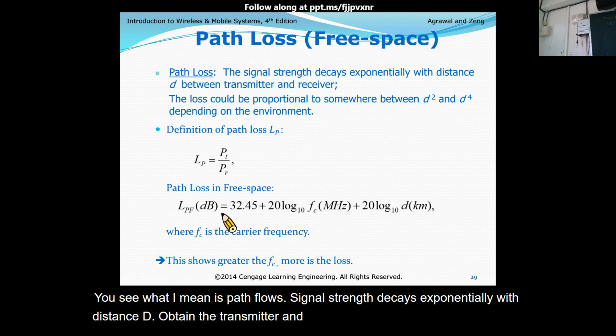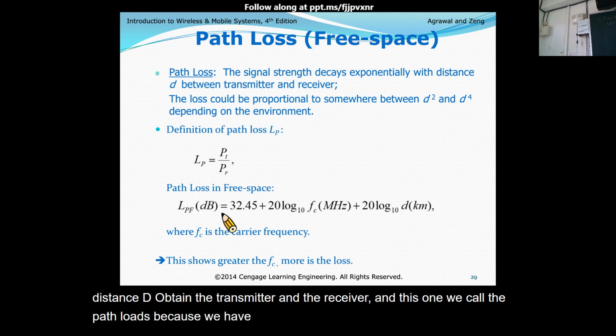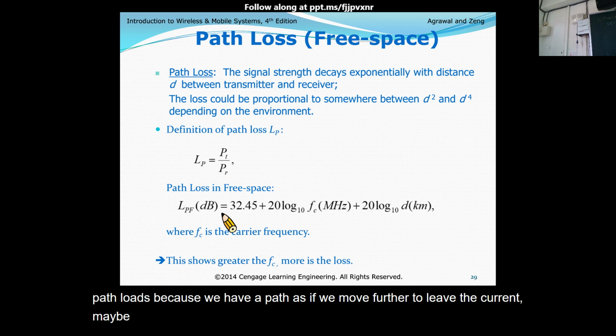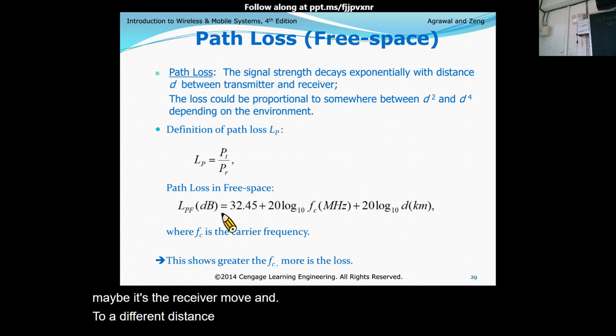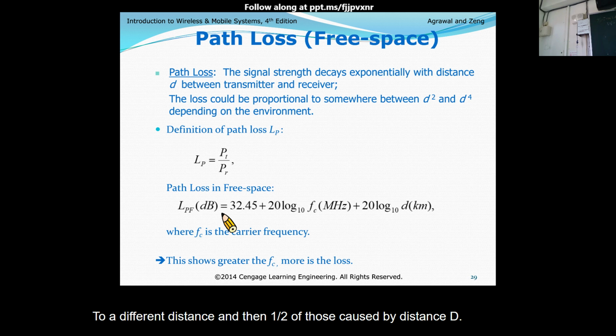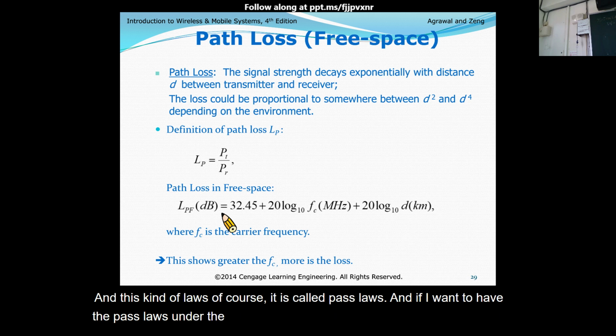And this one we call the path loss because we have a path. If we move further, maybe it's the receiver, to a different distance d, then we will have a loss caused by distance d. And this kind of loss, of course, is called path loss. And if we want to have the path loss under the effect of distance, then it's really simple.